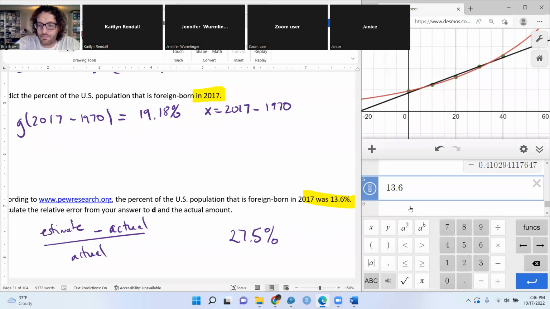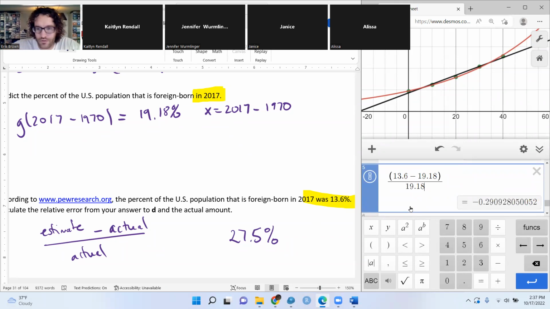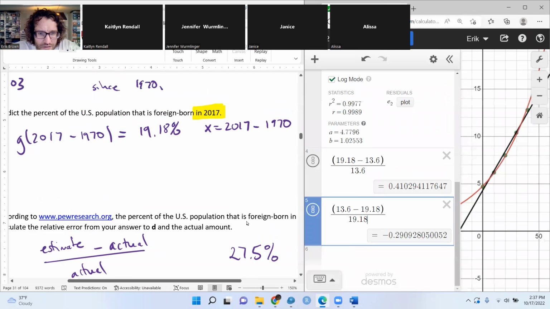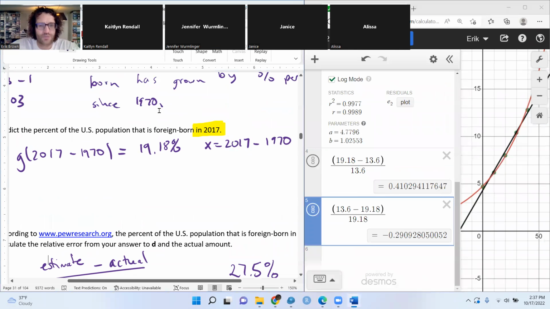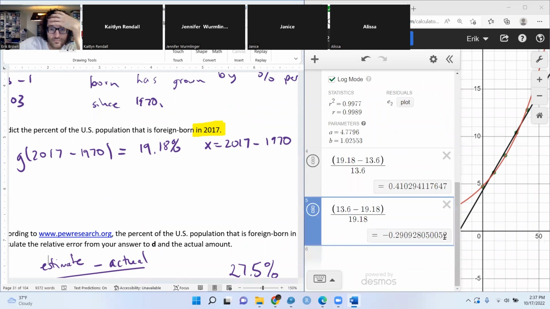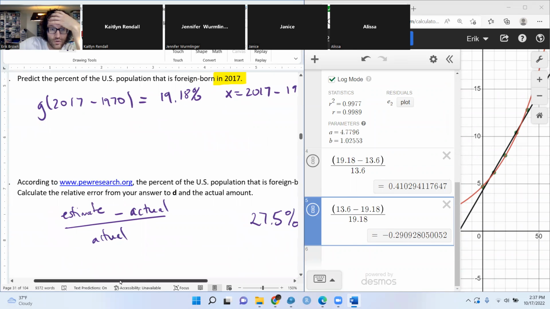Well, we could do 13.6 minus 19.18 divided by 19.18. Either one of those would be correct. Both of those are slightly different than yours, Janice. Did I do something wrong, or did you use 2017 or 2016 in there? Either one of these numbers is correct for this question E.